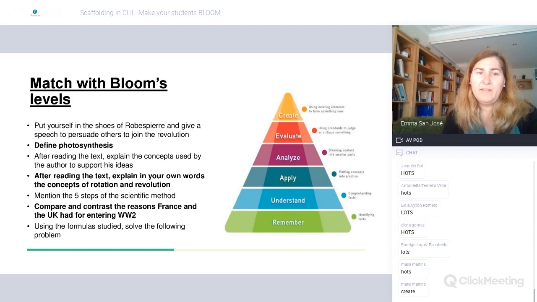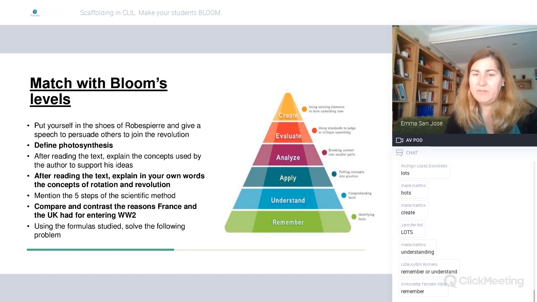Okay. Defining photosynthesis, I hate that word. Photosynthesis would be in which level? It would actually be remember or understand, as Lydia says.